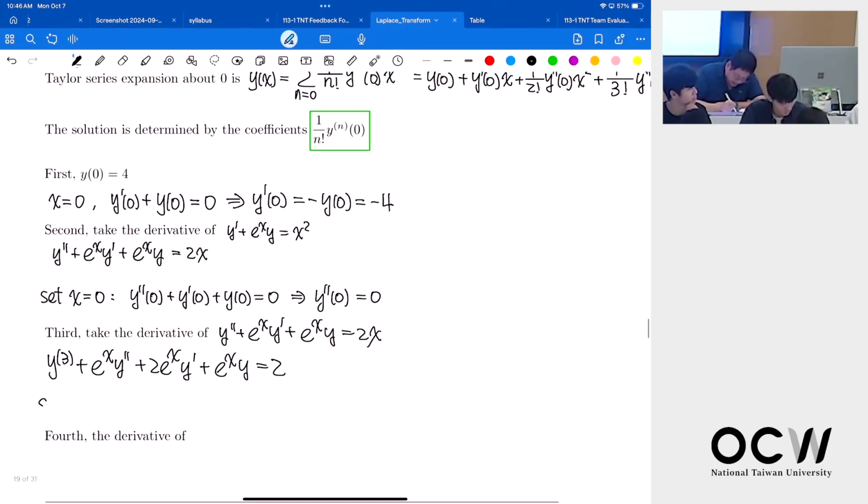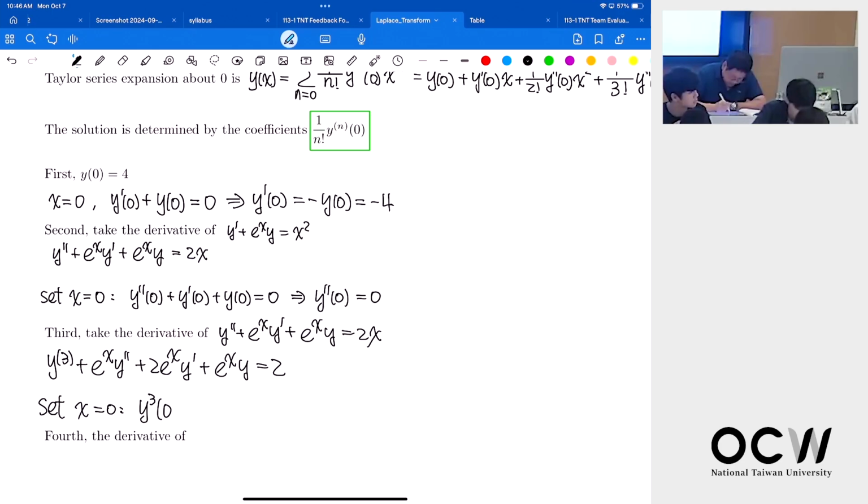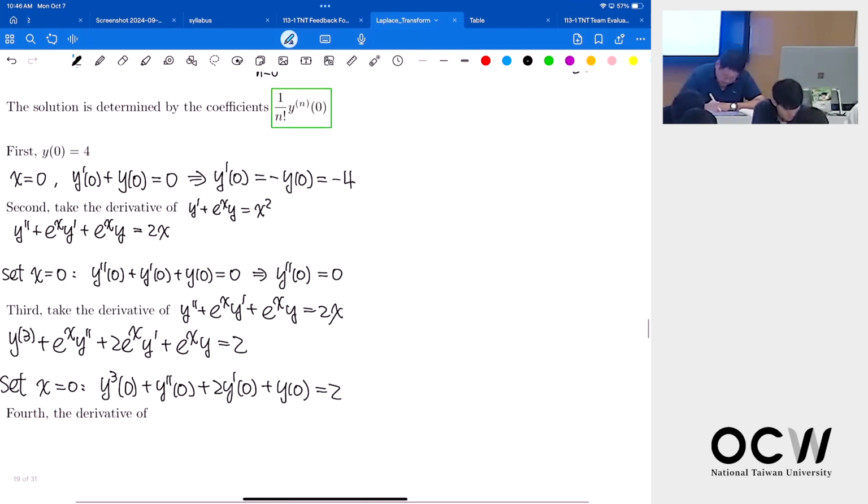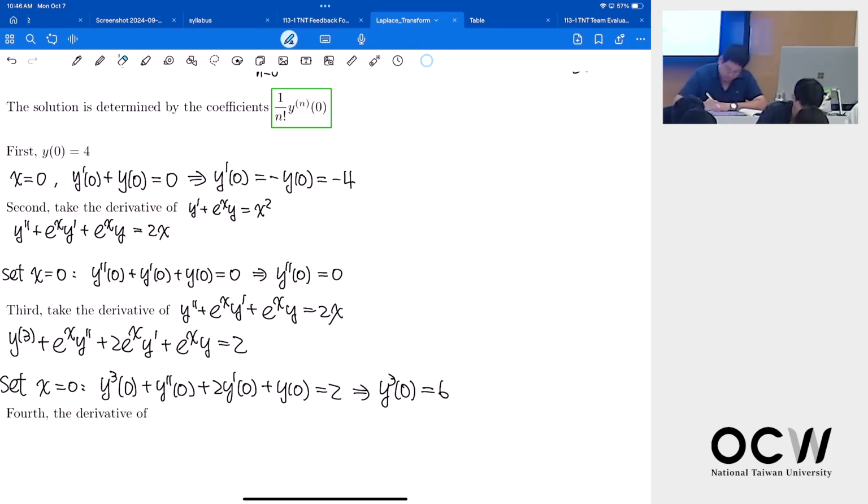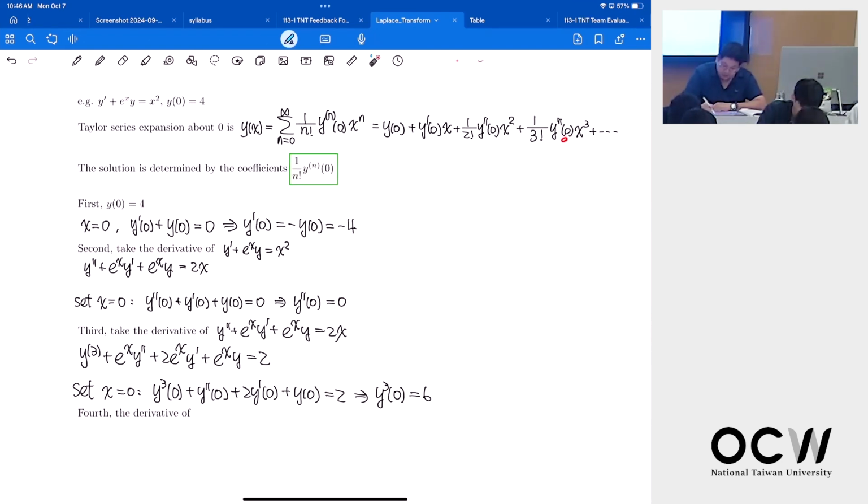And again, you can set x equals 0. You have y triple prime of 0 plus y double prime of 0 plus 2y prime of 0 and also plus y of 0. That should be equal to 2. Then you get y triple prime of 0 is 6. So this term is 6.